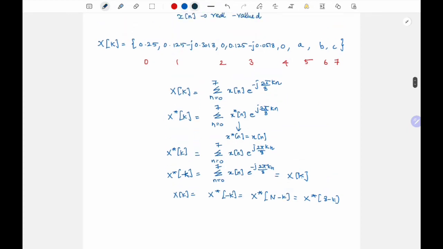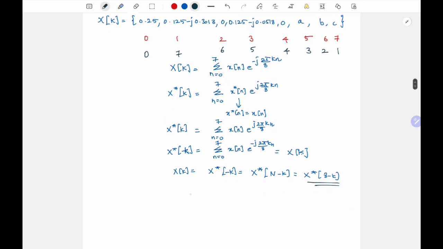So what will those indices be? If my k is 0, it will be 8, which is nothing but 0 itself. If k is 1, it will be 7, and so on. So my A will be x conjugate of 3, right?